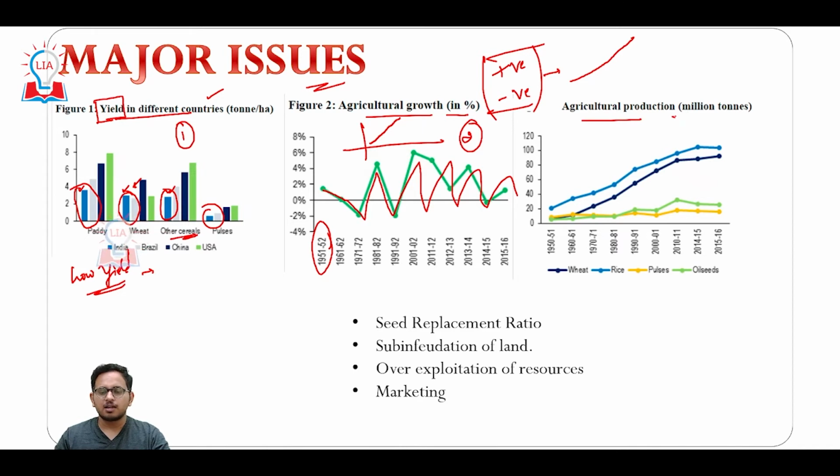Next one is the agricultural production. One thing that you need to focus more here is the domination of rice. Indian agriculture is said to be cereal dependent or cereal oriented because Indian agriculture is being dominated by two cereals, that is wheat and rice.